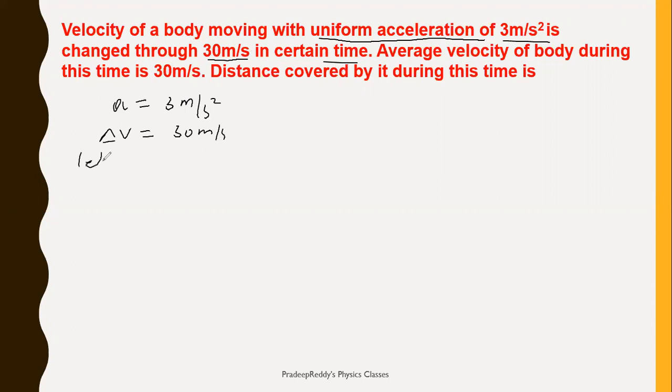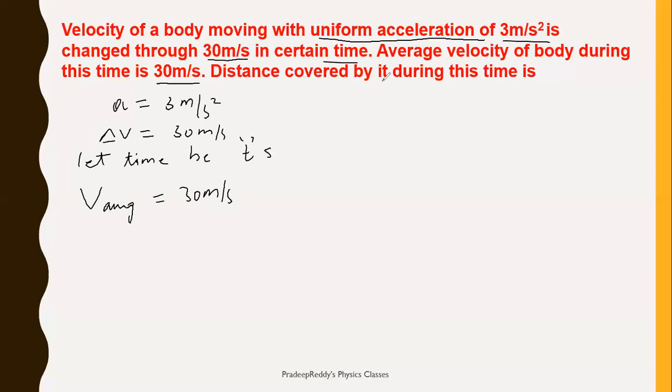Let the time taken be t second. Now the average velocity of the body during this time is 30 meter per second. So V average is equal to 30 meter per second during this time.